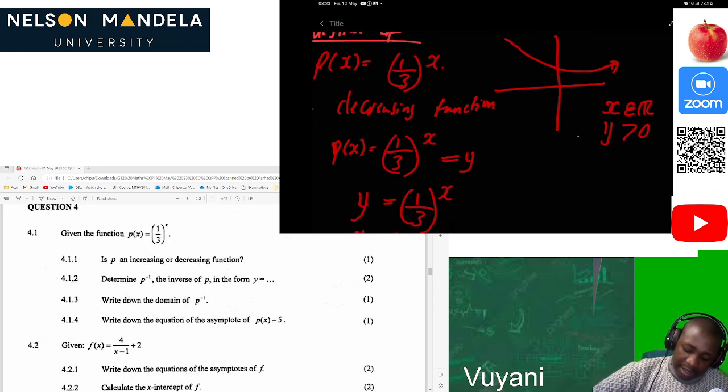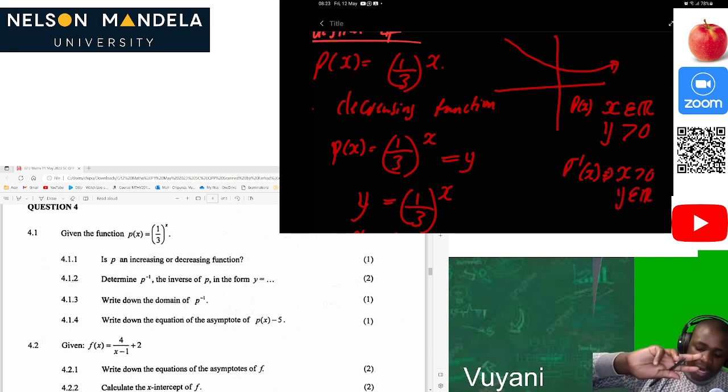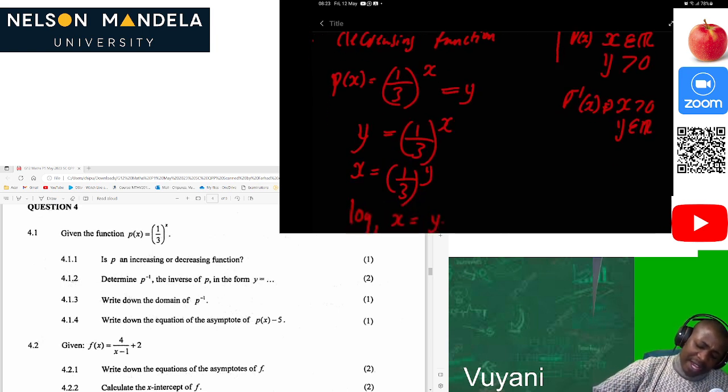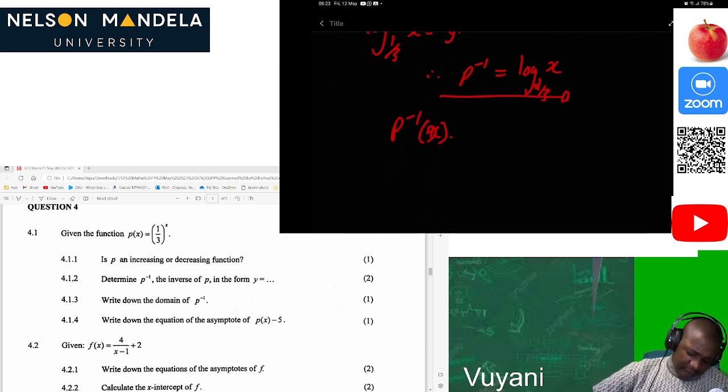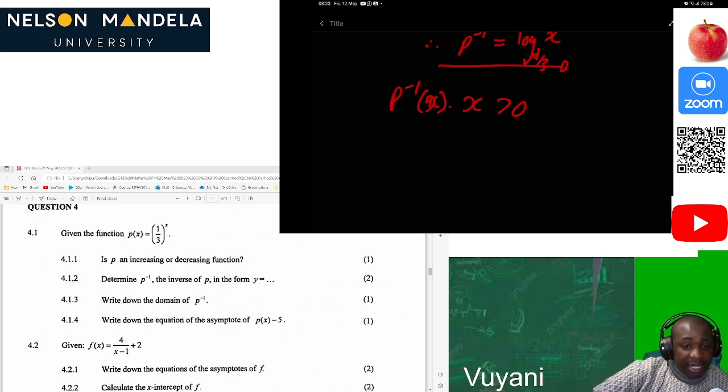So for p inverse of x, the domain will be x greater than 0, and the range will be y an element of real numbers, because the domain of the original function is the range of the inverse function, and the range of the original function is the domain of the inverse function. So here it's x greater than 0.